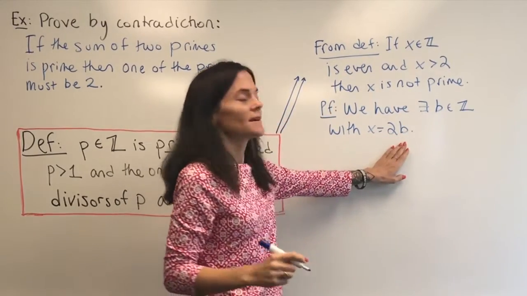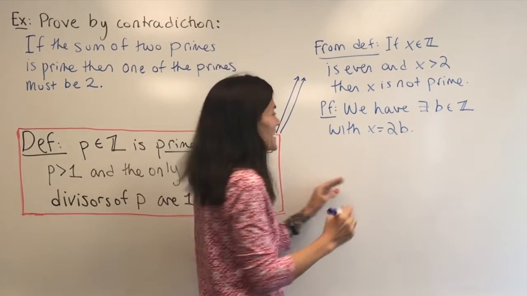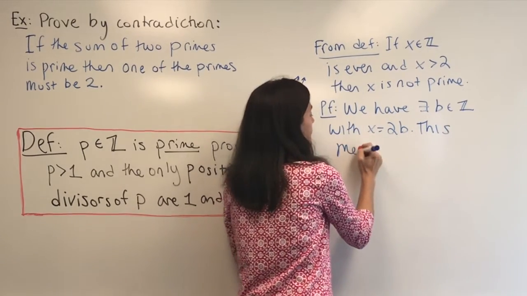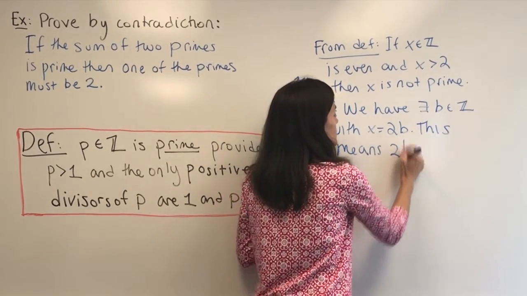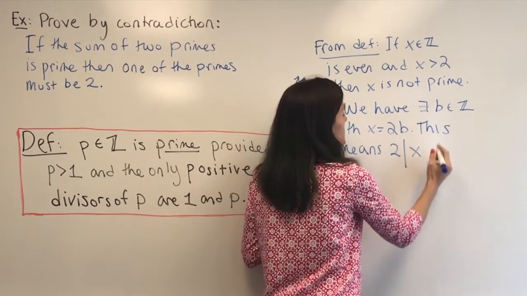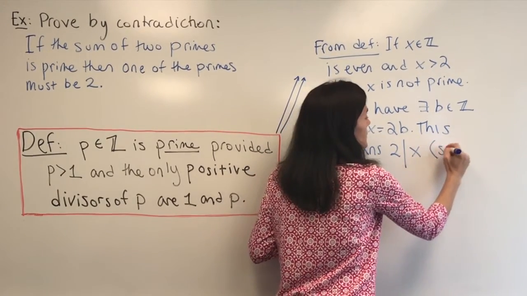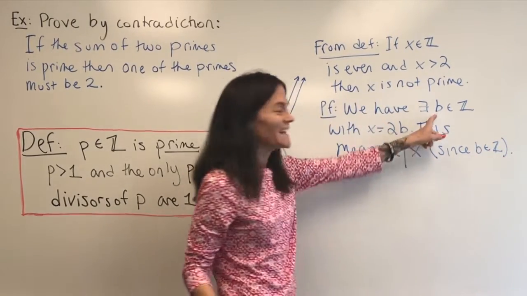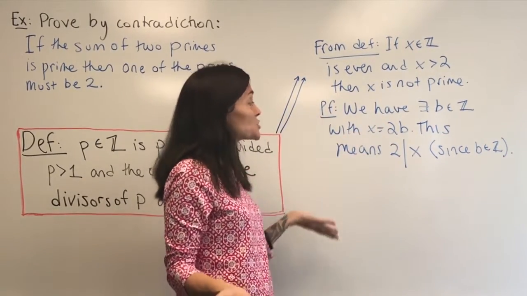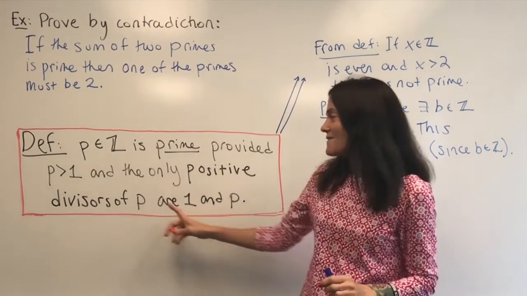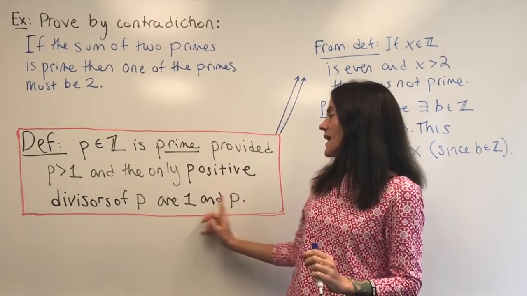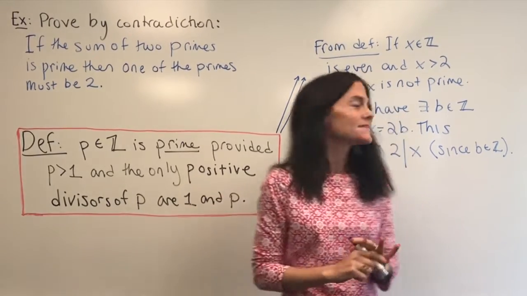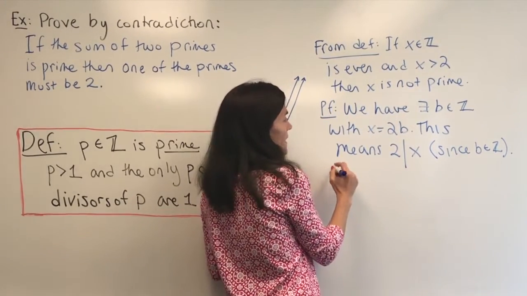In particular, this equation, x is 2b, says that 2 divides x, since b is an integer. And with x strictly bigger than 2, we have found a divisor that is not 1 and not x, namely 2.